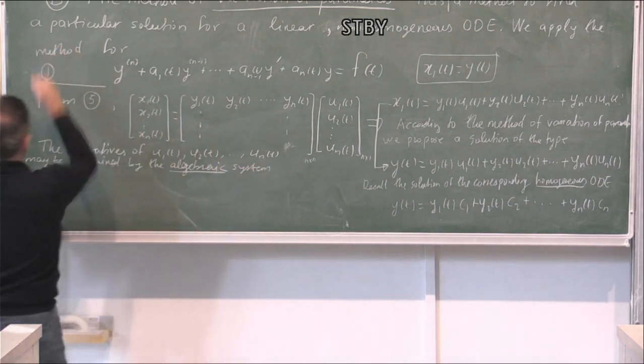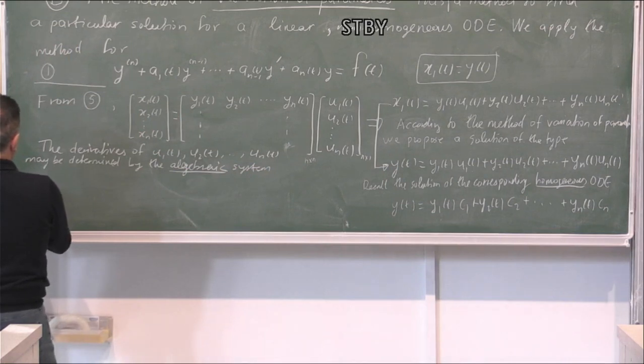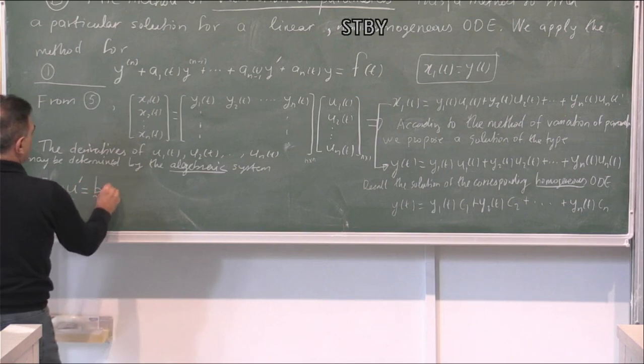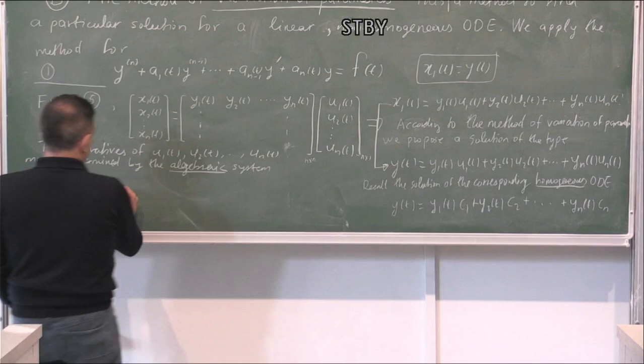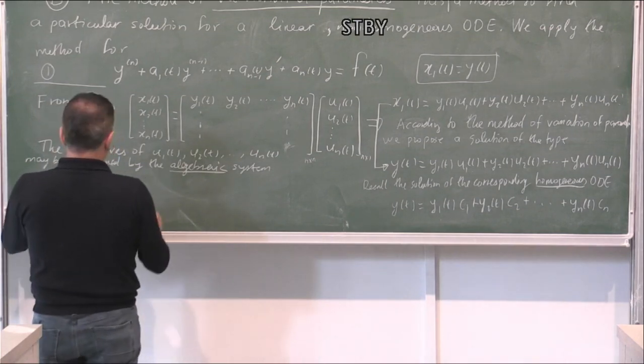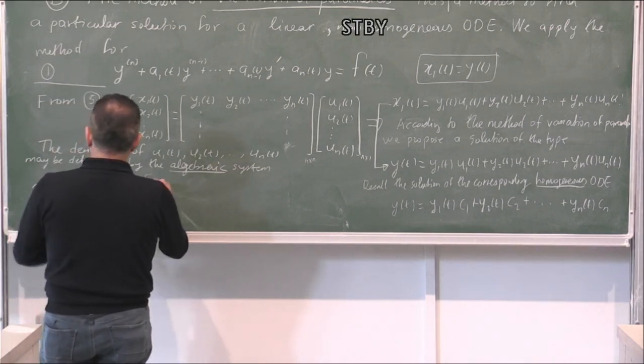Which system? Recall C of t u prime is b of t. Good? So this is the system.